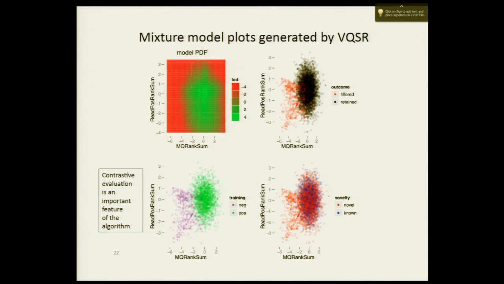You also generate an ROC curve-like plot, because you have negative and positive cases. In addition, there's a plot I think is called the tranches plot. It's an ROC curve, with true sensitivity on one axis.